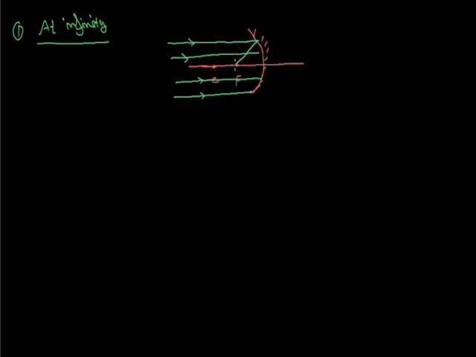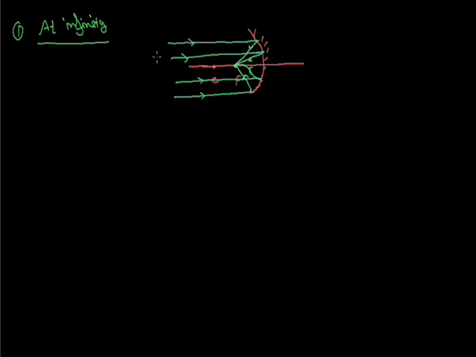The ray will be bent in this way, and this ray will be here, and this ray will be here. So basically, whenever parallel rays come, they will be reflected back to the focus and the formation of the image will take place.